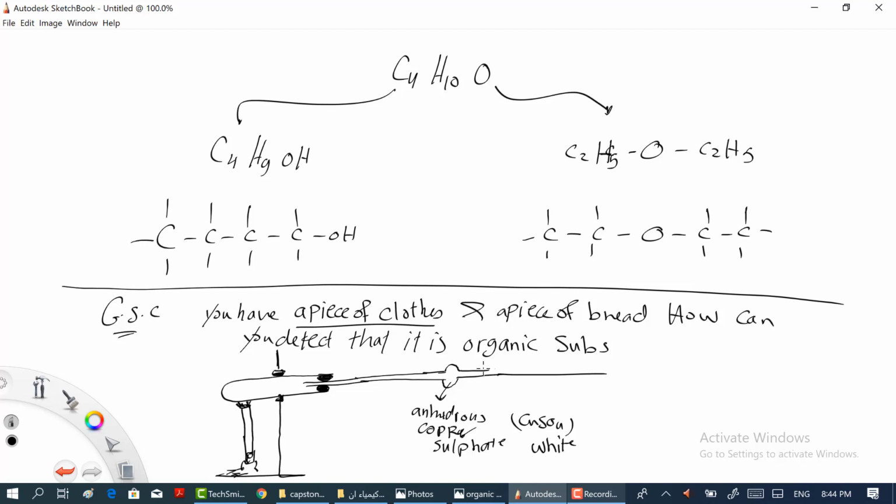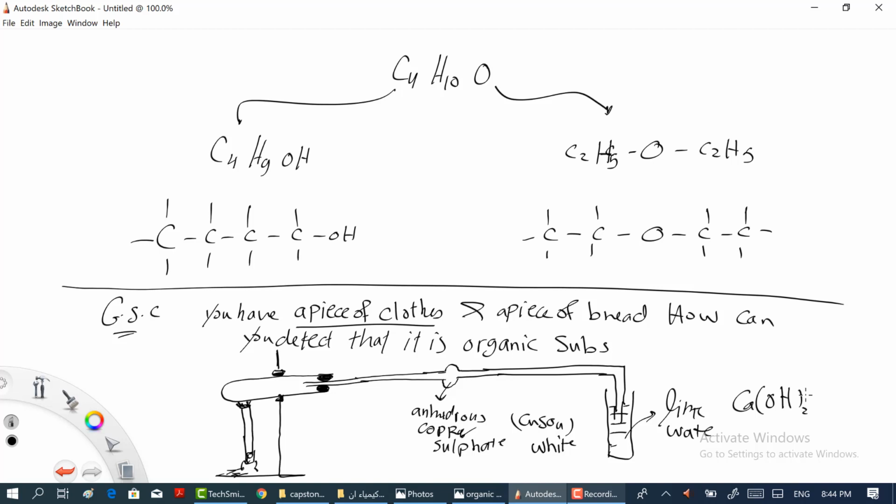Then pass the tube, it will not be long when you draw it in the exam, over the lime water, which is called calcium hydroxide.